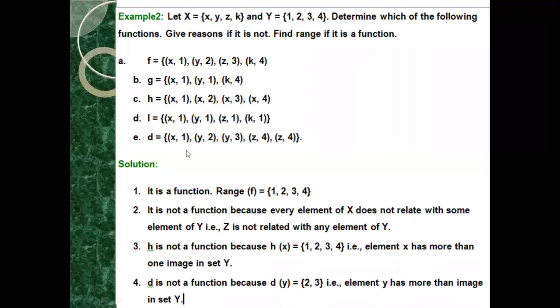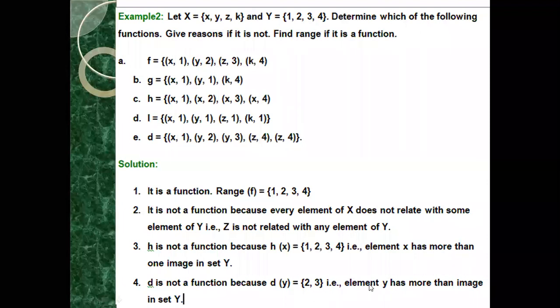D is {(x,1), (y,2), (y,3), (z,4)}. So here also y has more than one image. So y has image 2 and y has image 3. So D is not a function because D of y has images 2 and 3.